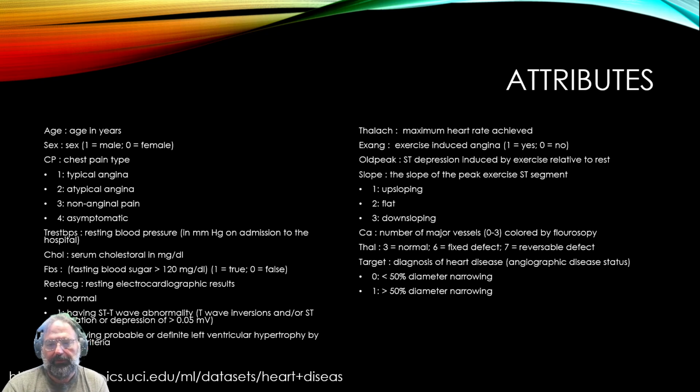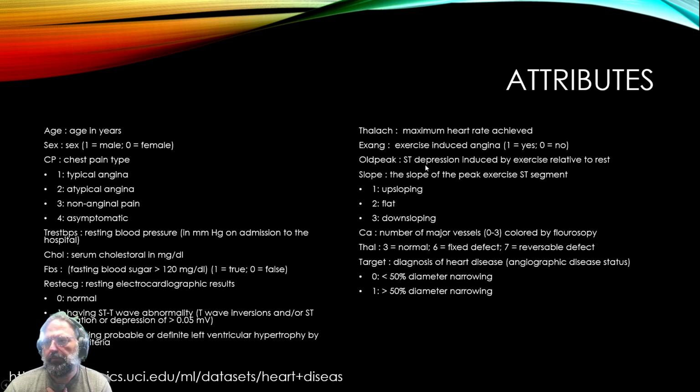If it's backwards of what it's supposed to be, then it's an inverted T wave or ST elevation and so on. Then the 2 shows there's probable or definite problem with one of the ventricles. Then the maximum heart rate achieved, which I would assume is during a stress test. The exercise-induced angina: does it happen when they're doing stuff or not? Again, probably from the stress test.